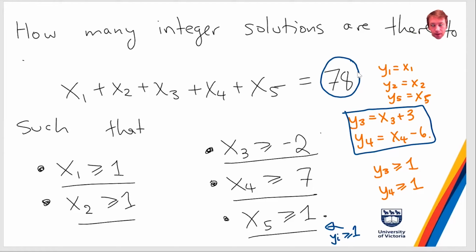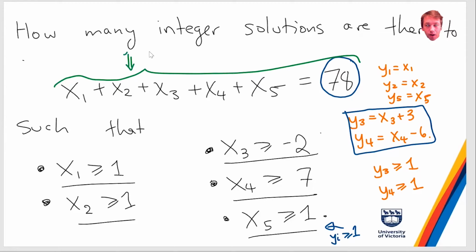So suppose that x1 up to x5 adds up to 78. What do the y's add up to? That's what you should be thinking now. This is the same as saying that y1, y2, y3, y4, y5 adds up to, oh dear, I have to do math, 78 minus 6 plus 3, which is 75.